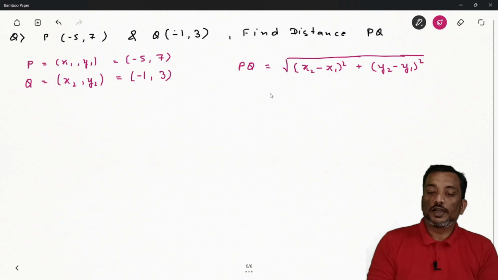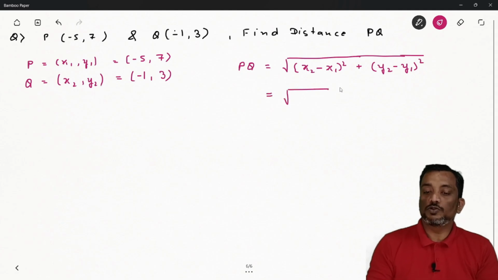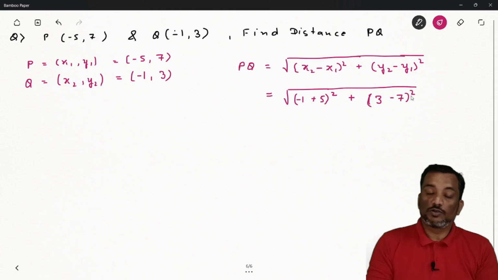Now you can substitute the values here. x2 is minus 1 and x1 is minus 5, so it will turn into minus 1 plus 5, whole square, plus y2 is 3 and y1 is 7, so it will turn into 3 minus 7 whole square. You have to use their sign also, the most important part. Don't skip the sign.